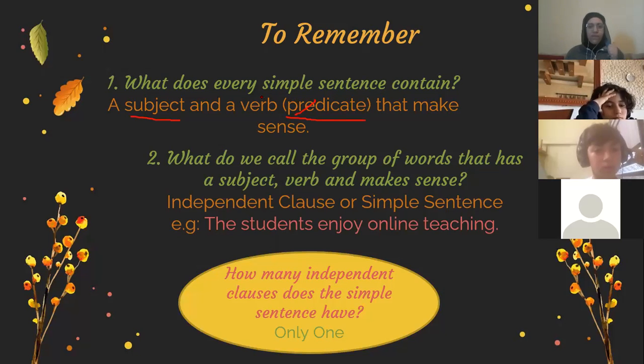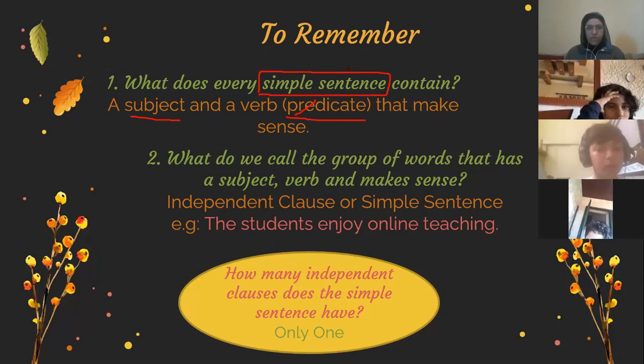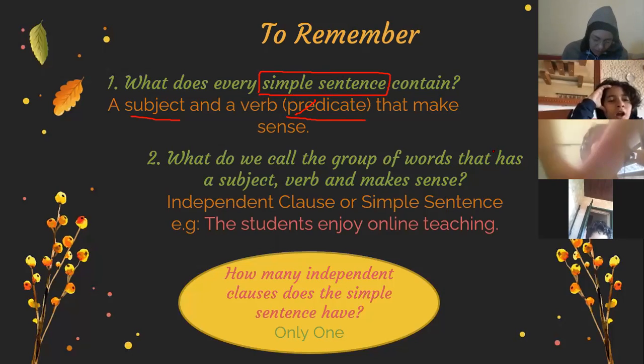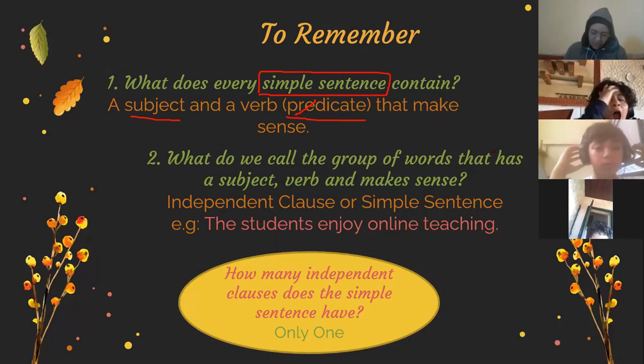They make a complete sentence, and also they make a simple sentence. What do they make? They make a simple sentence. Yes. So from here, I can say, thank you, Hassan, that the simple sentence has one complete subject, one complete predicate with a complete idea.